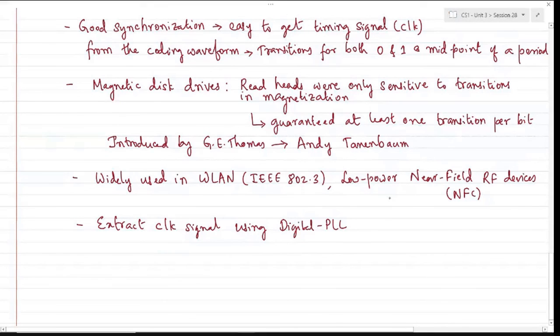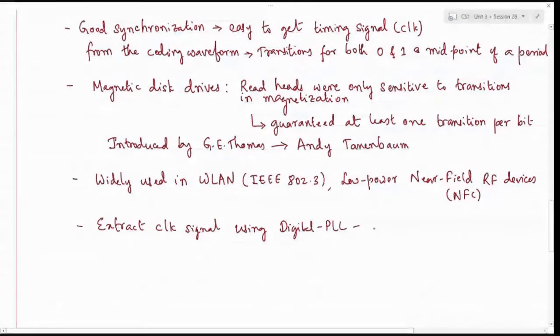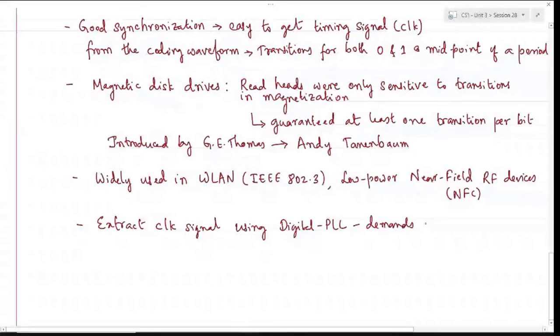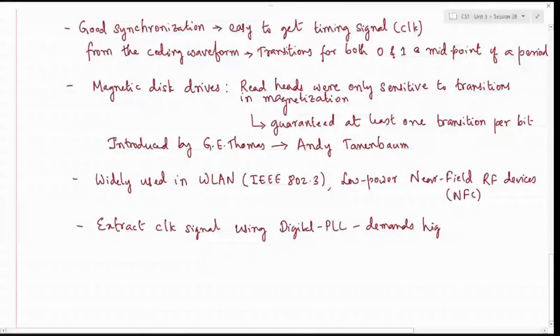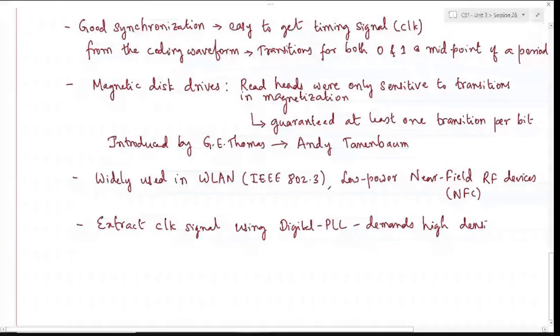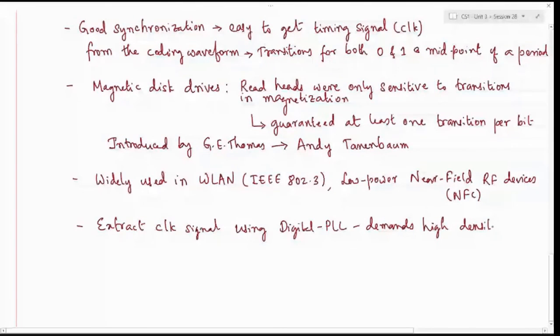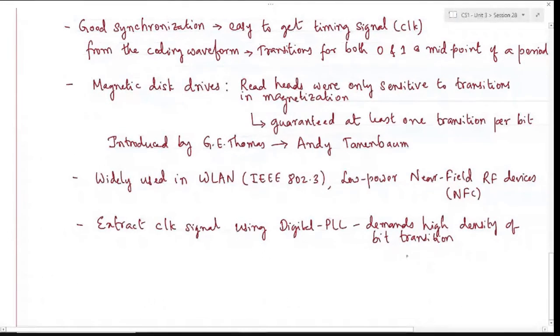Okay, so this digital PLL in fact demands a high density of bit transitions, which your Manchester coding serves. It demands a high density of bit transitions. Then only you'll be able to detect what is being transmitted from the transmitter end.